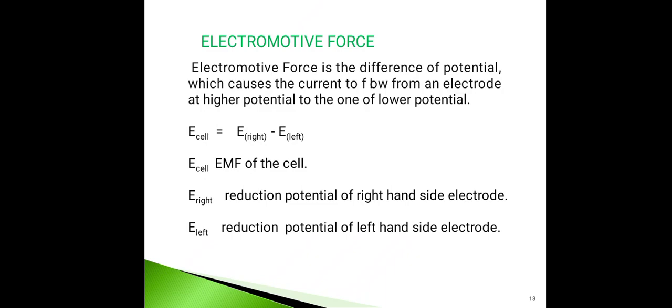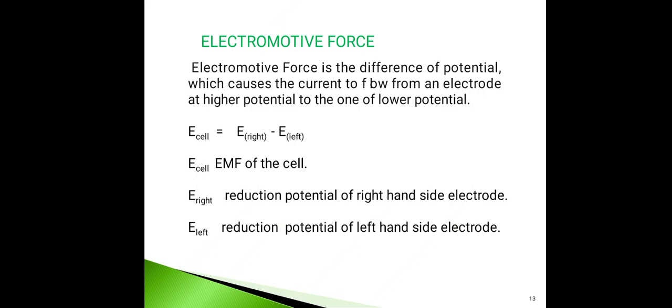Electromotive force or EMF is the difference of potential which causes the current to flow from an electrode at high potential to one of low potential value. So the current flows between the two electrodes, one with high electrode potential and the one with low electrode potential. That is known as electromotive force, and in short it is referred to as EMF.